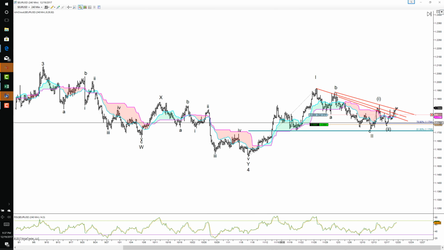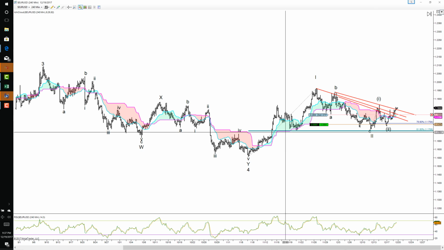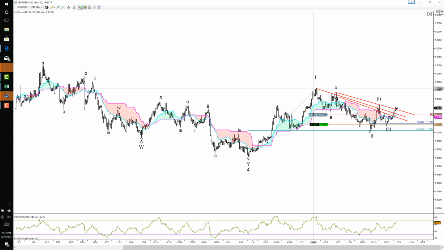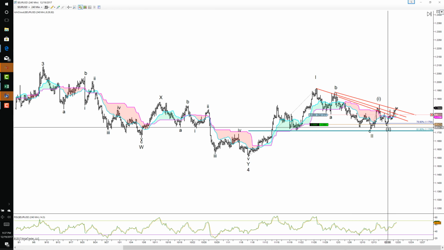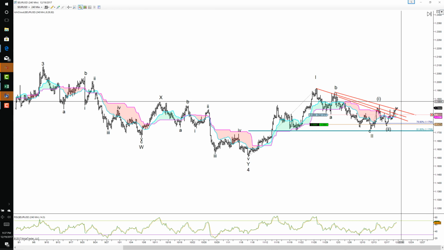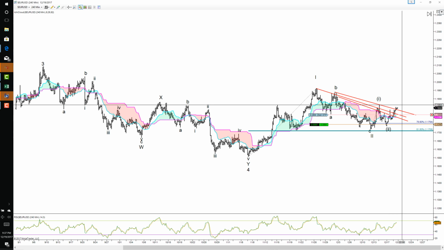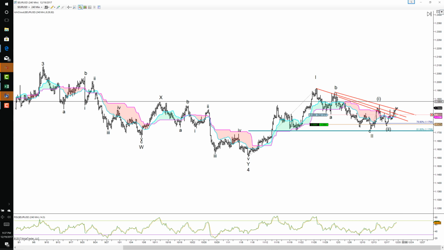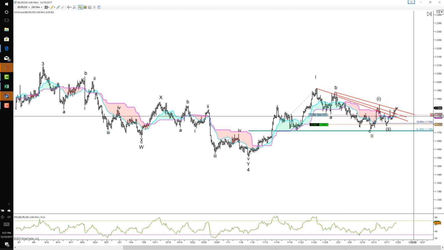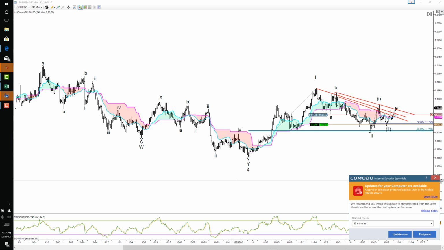On the flip side, if price finds resistance at the 1855 level, well then obviously my alternate, this is not a 4, this is an A. My 1 will then be a B. My 2 will be, I'm sorry, let me say A, B, C, and then you have the A of D, B of D, and now you have right here or so will be wave D, basically. No, I take that back.